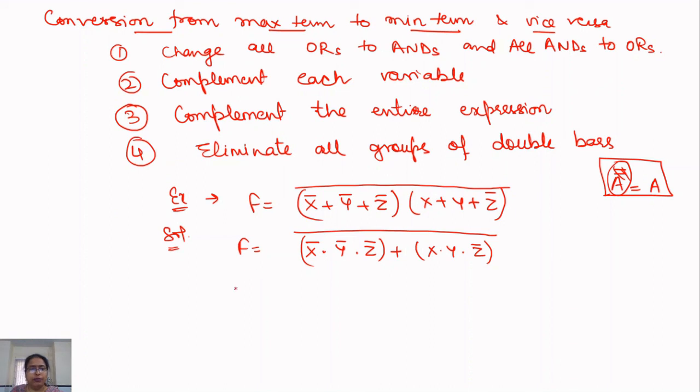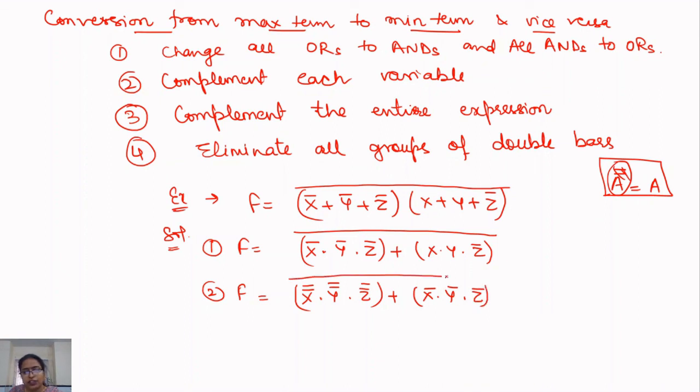Second step, complement each variable only. So this is x double bar, y double bar, z double bar, plus x bar, y bar, z bar, and this is the original bar that is there in the problem.